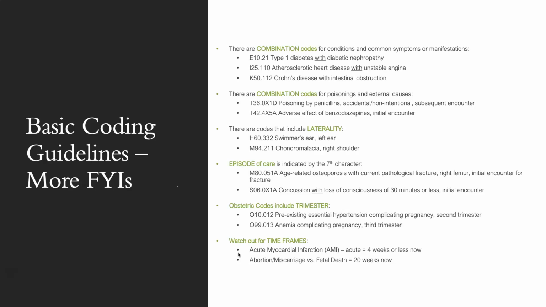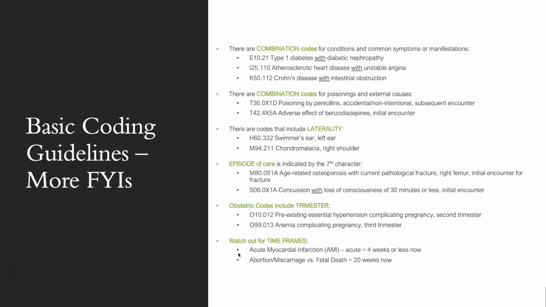There are codes that include laterality. We found that out with acute otitis media with perforated left eardrum. These are two examples where the codes include laterality. Swimmer's ear in the left ear is H60.332. Chondromalacia in the right shoulder is M94.211.